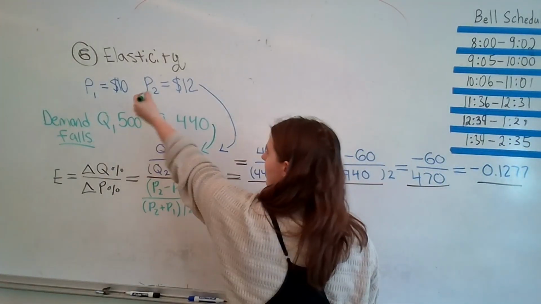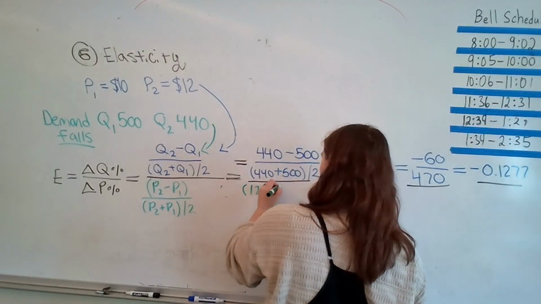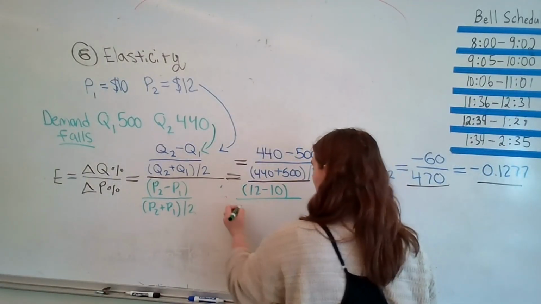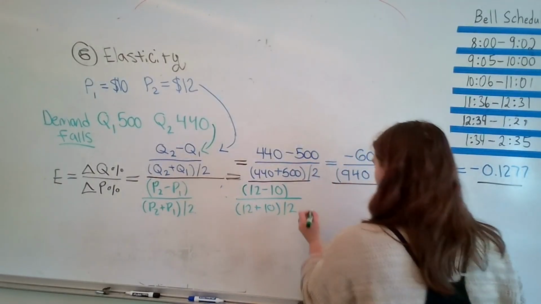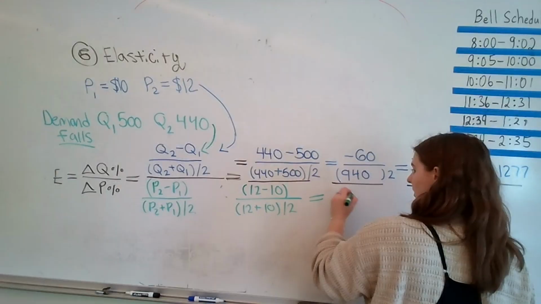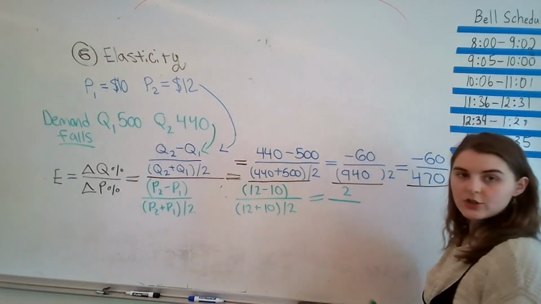Price. Our price in the second period was 12. Our price in the first period was 10. Over our average, 12 plus 10 divided by 2. That equals 2. Remember, prices went up, so the percent change is going to be positive.